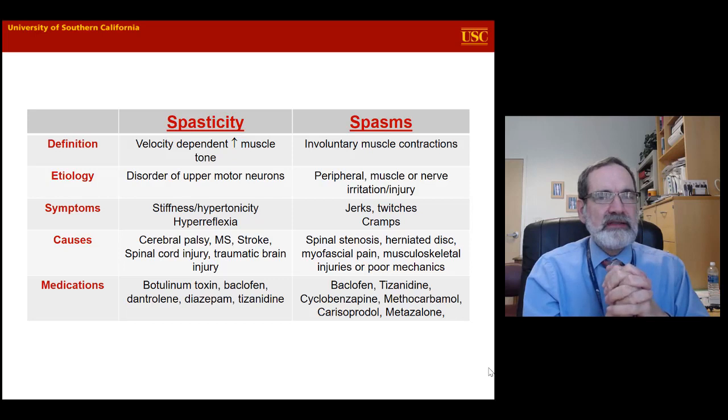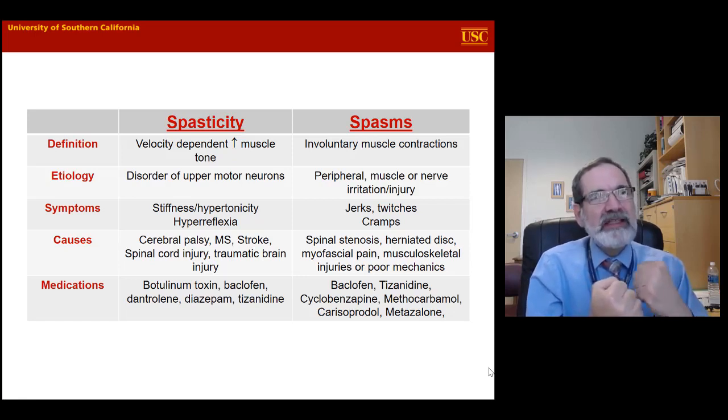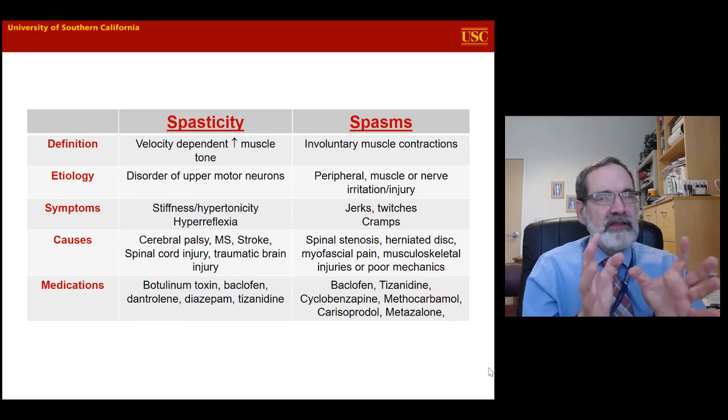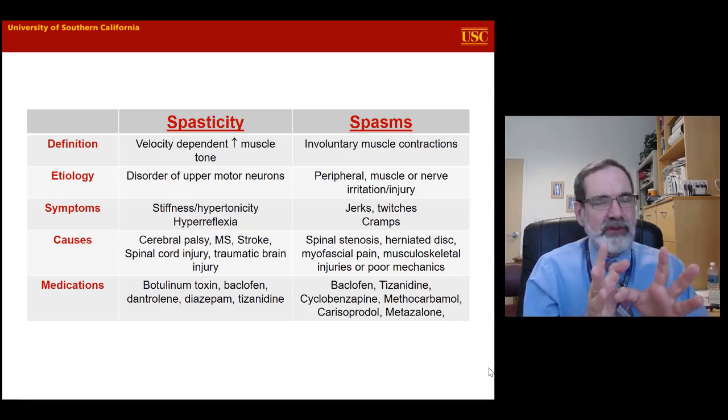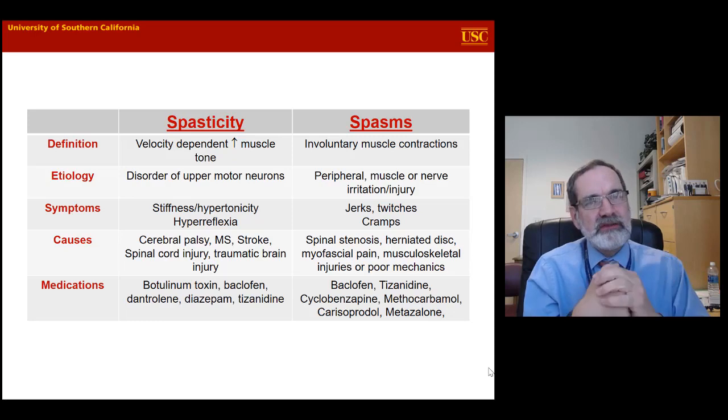It is defined by the fact that when you move the limb or the muscle rapidly, the muscle responds by an increase in tone. This is different than what we see with spasms. Spasms are involuntary muscle contractions. That's different than an increase in tone, which is dependent on the speed that the muscle is moved.